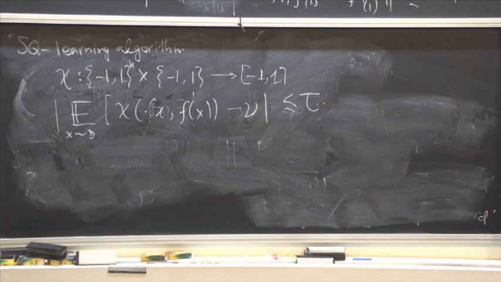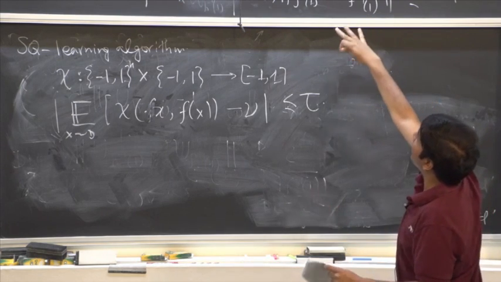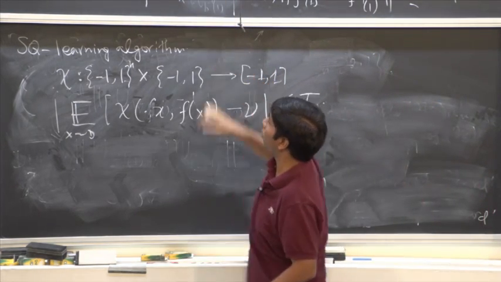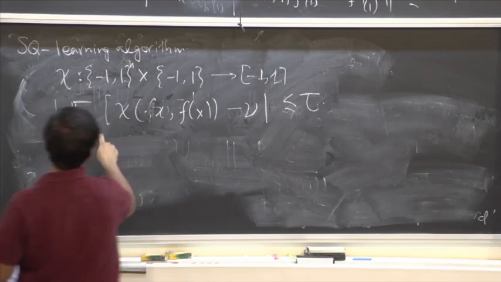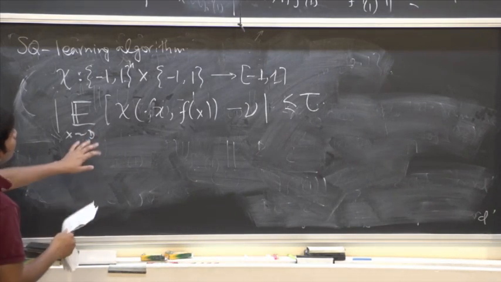Okay, why am I talking about statistical queries here? The point is that if you have access to uniformly random samples from f inverse 1, here we are trying to learn f under this distribution uniform on H inverse 1. So the underlying hidden distribution is H uniform on H inverse 1.